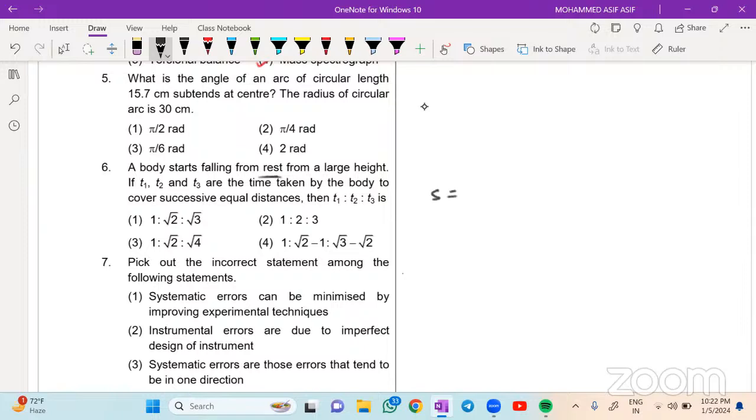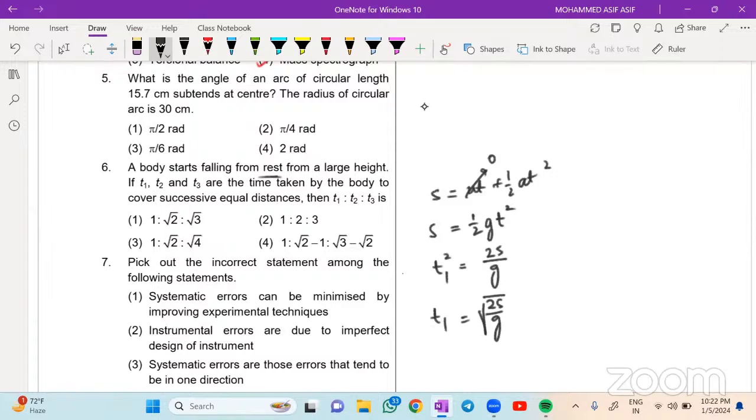Say S equals u into t plus half into a into t square. Initially dropped, so the initial velocity is zero, and S equals half into acceleration, which is g since it is freely falling, into t square. So T1 square equals 2S divided by g, so T1 will be equal to the square root of 2S divided by g.